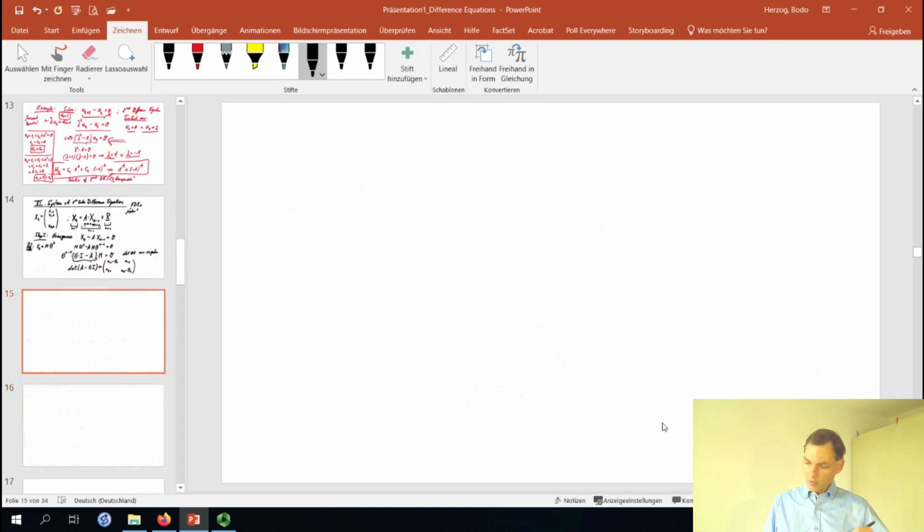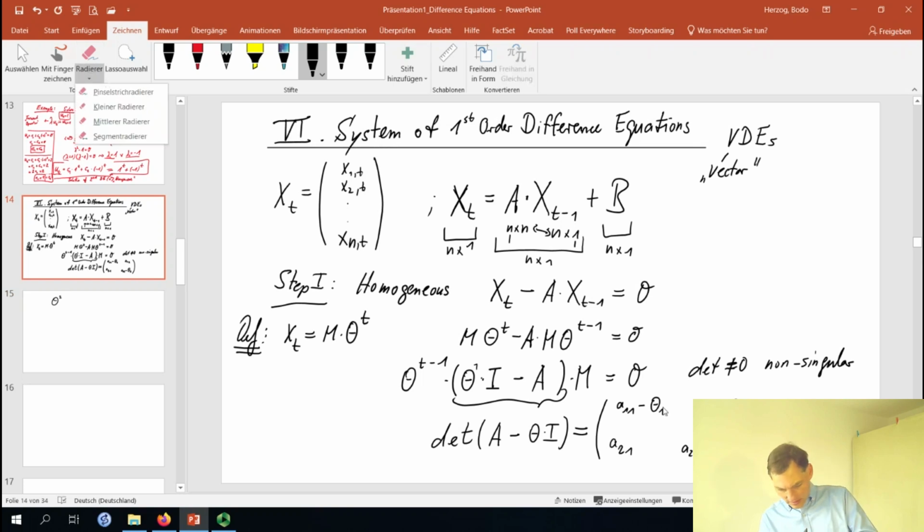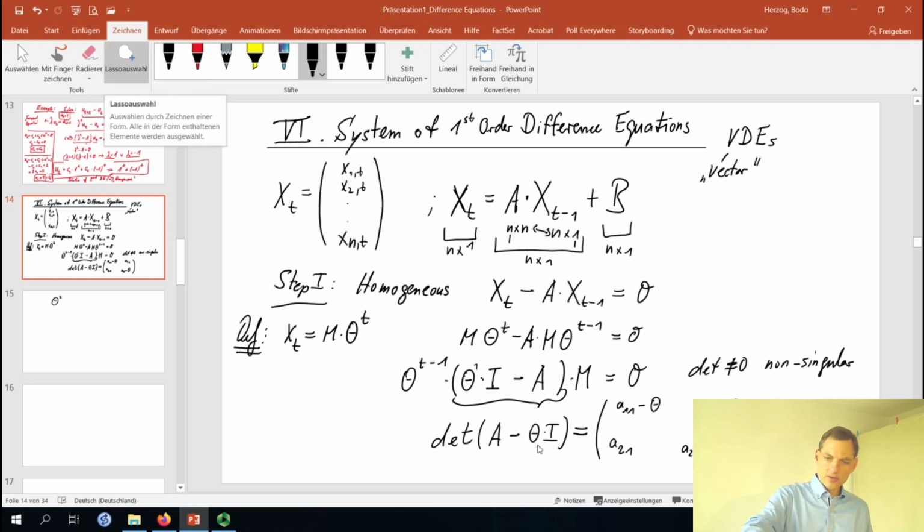You basically know what it is, so I will make it a little bit shorter. So this determinant can be rewritten. Theta has no index here, so I cannot do an index 1 or 2, it's just theta.